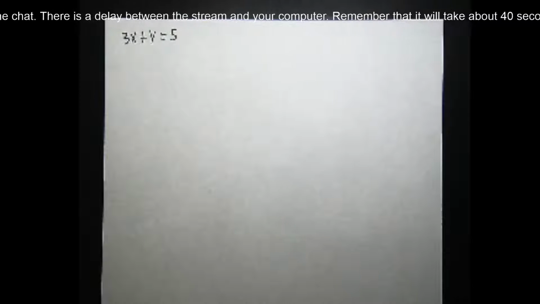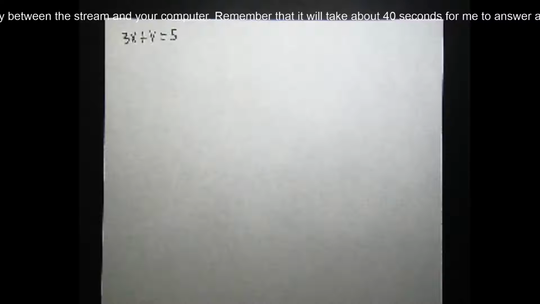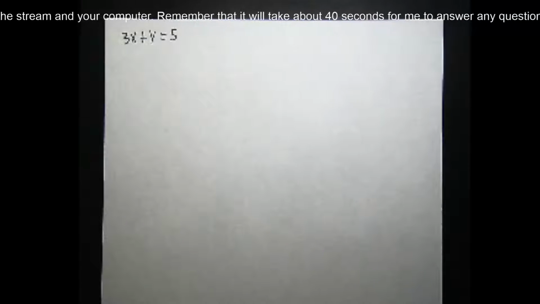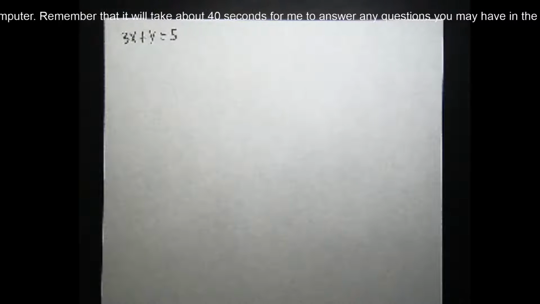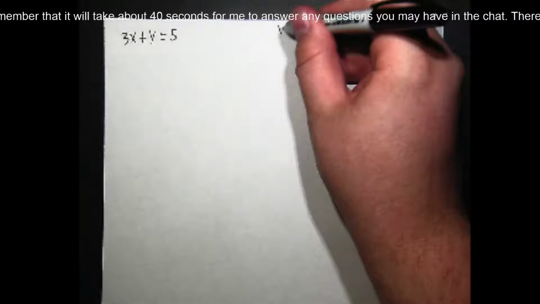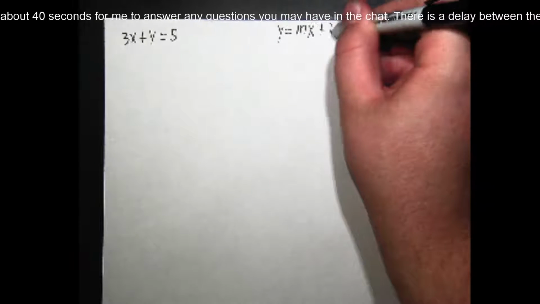If it had anything other than a power of 1, then it would be some other kind of function. But we know that this is linear, and that it should fit the form y equals mx plus b.